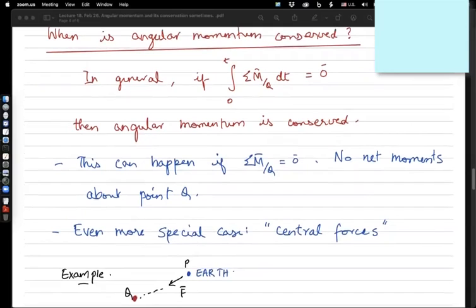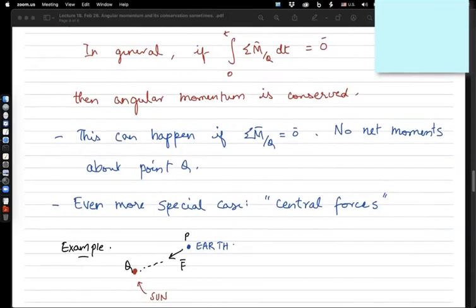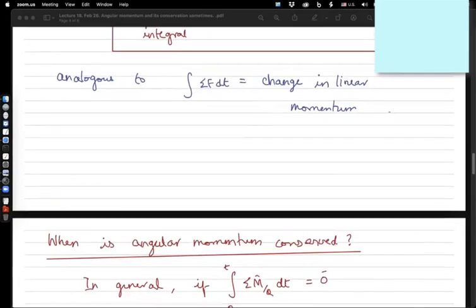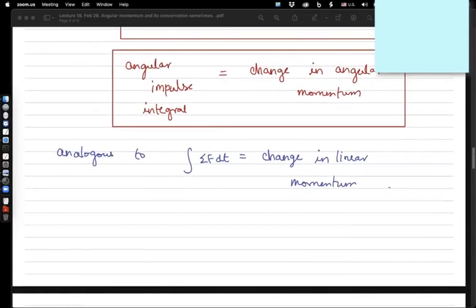A very special case of that, just like for linear momentum balance, is that there are some finite moments, but the time duration over which you're considering the system is really, really small, so that the integral becomes 0. In those cases, we'll say something like the time duration is very short. So sometimes the moments are equal to 0, in which case angular momentum will be conserved because change in angular momentum is integral of moments.